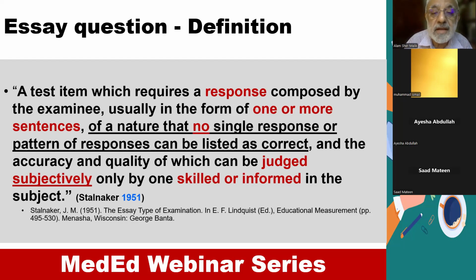So that is the second part of this definition. And the accuracy and quality of which can be judged subjectively only by one skilled or informed in the subject. And this is the third component of this definition, that there is a lot of subjectivity and only selected people can assess these kind of questions.